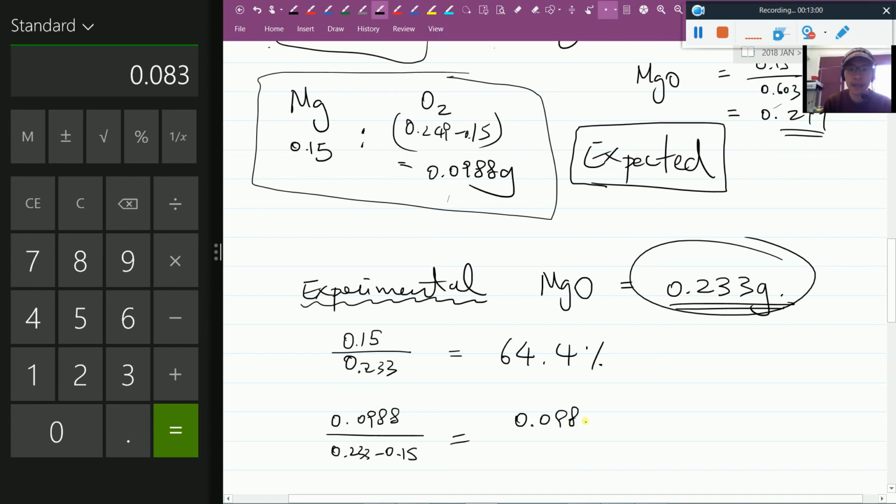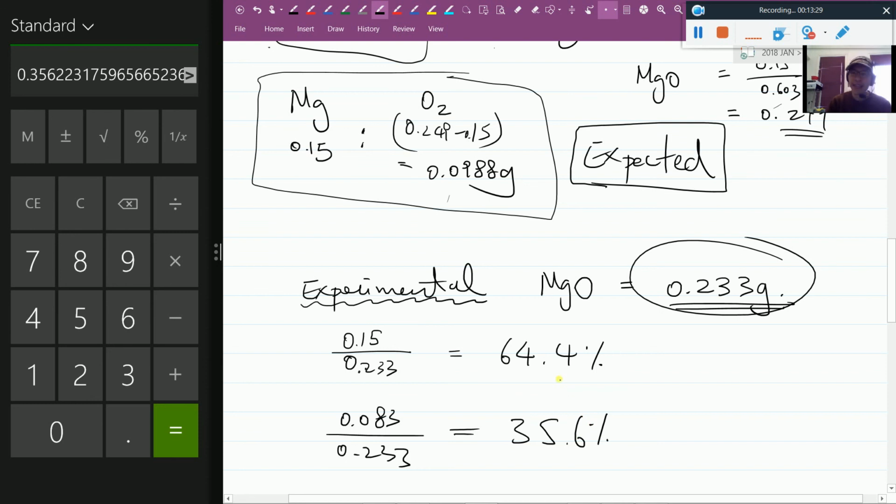Sorry, what am I doing? That one should be 0.083 is the oxygen, and then over 0.233. That makes sense, right? Sorry for the mix-up. And now we have basically the rest, 35.6%.